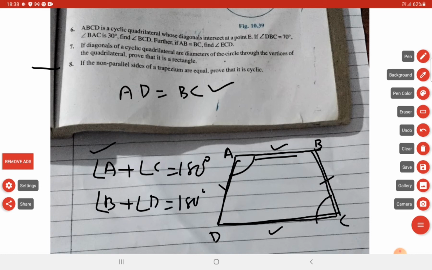If angle A plus C is equal to 180 degrees and angle B plus D is 180 degrees, then we can say that ABCD is a cyclic quadrilateral. So here we have to show that angle A plus angle C is equal to 180 degrees and angle B plus angle D is equal to 180 degrees. Okay, so in order to show the quadrilateral is cyclic, we have to show only one of the two results.